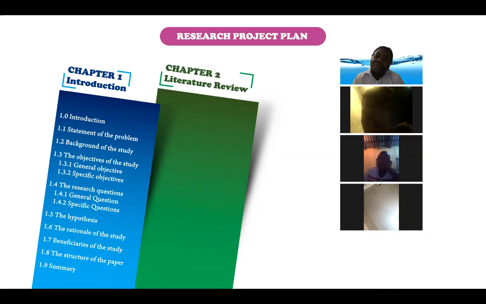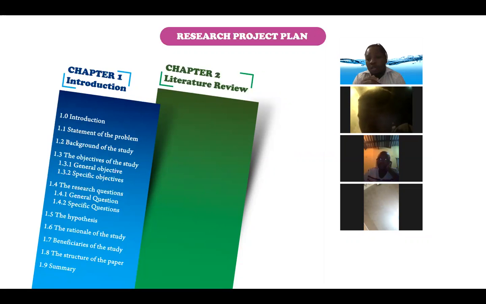So in chapter 2, which is Literature Review, it's here where you discuss the literature that discusses your topic. You find papers, research papers, articles, dissertations, books, everything that talks about your topic and you think is relevant for discussion in your research project. And you read that information, summarize it, synthesize it, analyze it, and discuss it in this section.